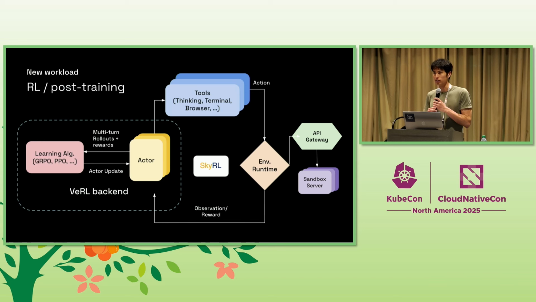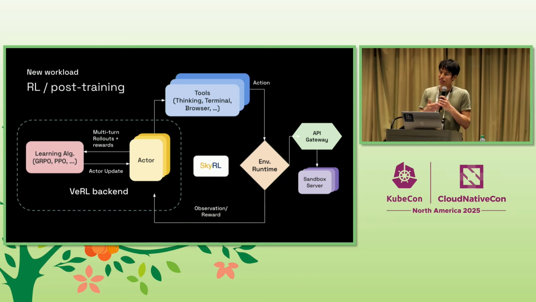Like if I'm trying to train a coding model, I may have some container running, some Dockerized coding environment where the model is saying, clone this repository and cd into this directory, and then apply this patch, and then run this test. And so it's going back and forth between the model and the environment, in this loop, to actually try to solve some problem. That generates new data. Then the new data gets sent back to the model to update the model. And then the new model gets sent back to the inference part to generate new data.